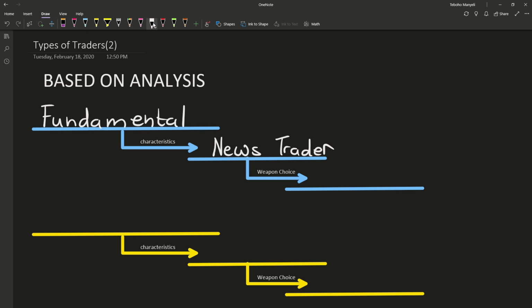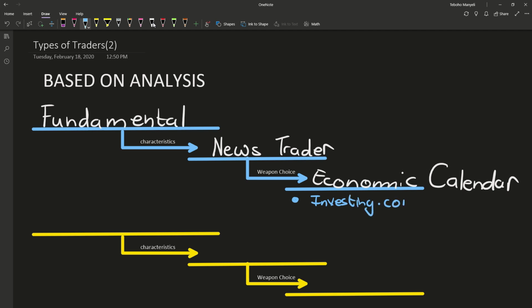His weapon of choice is the economic calendar. Websites such as investing.com or forexfactory.com are great websites where you can go find an economic calendar.